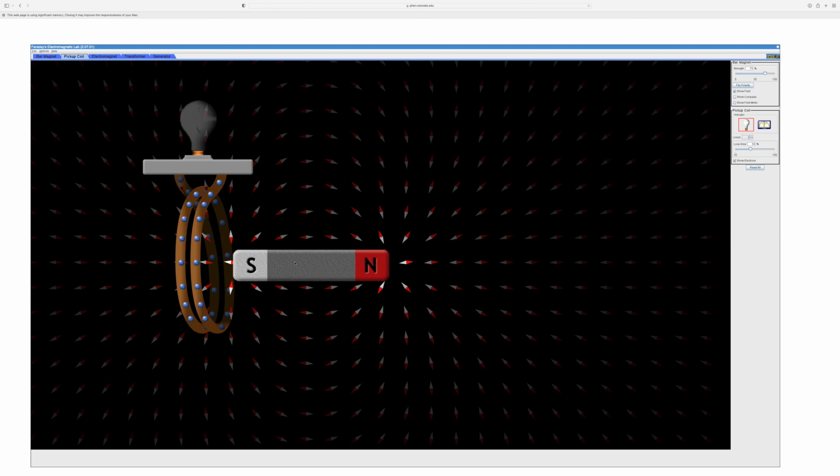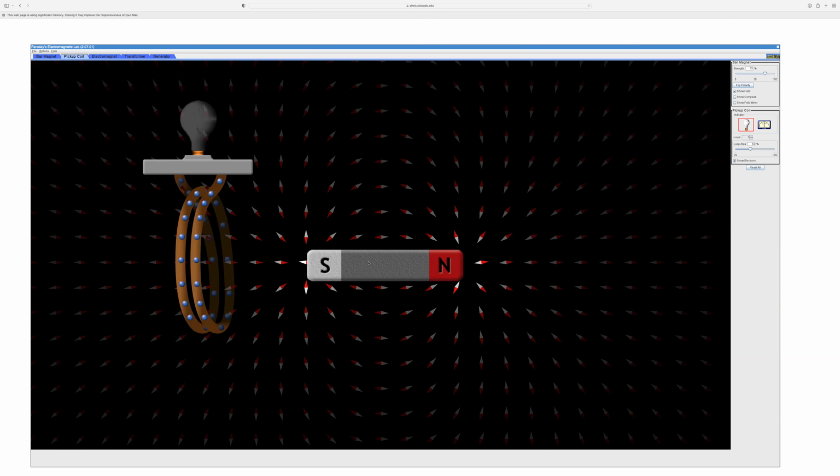When north pole was moved closer, north pole got generated. Whereas when you move a particular pole away from the coil, what pole is getting generated? The opposite poles are getting generated. So it is exactly trying to do the reverse of what you are trying to do. That is why the significance of the minus sign. I'll come to that point.